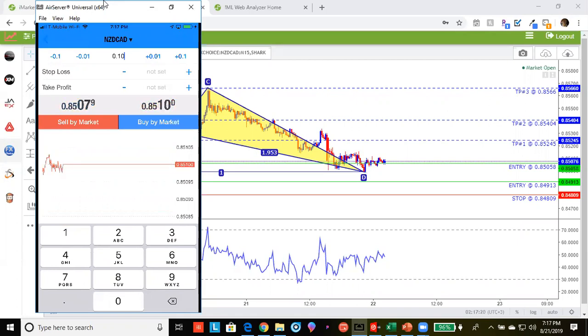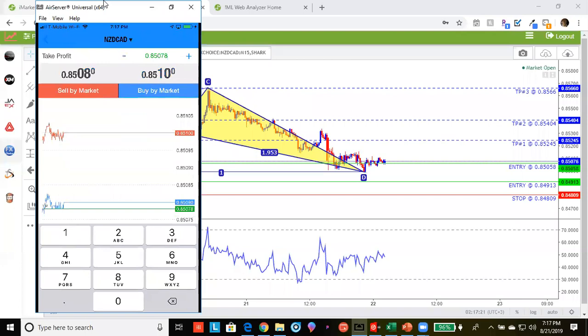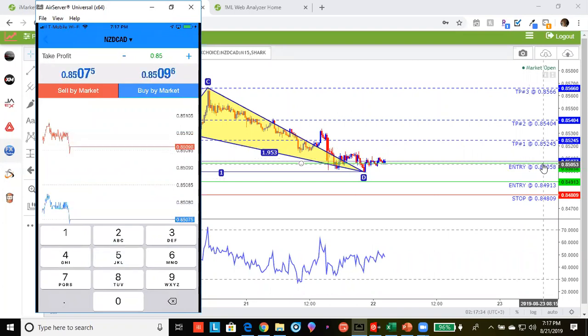All right, so that take profit from the Harmonic Scanner is saying that it's a 0.85245.